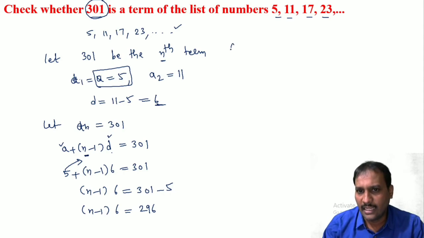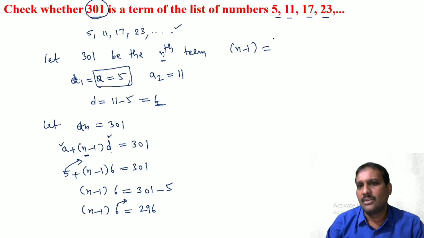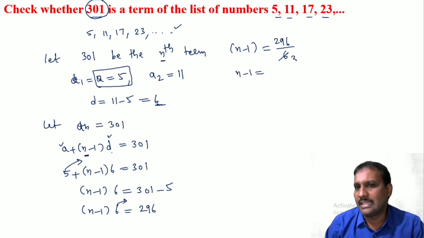Now n minus 1 is equal to, sending 6 to the other side, 296 by 6. If you simplify that, 2 3s are 6, and 2 4s are 8, so you cannot simplify further. So it is 148 by 3.